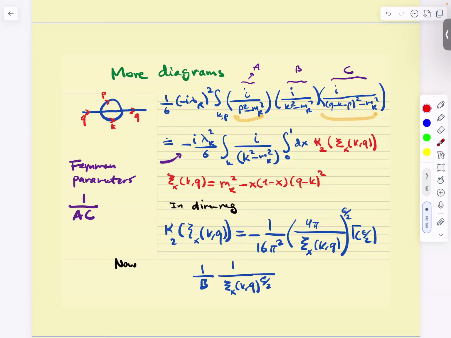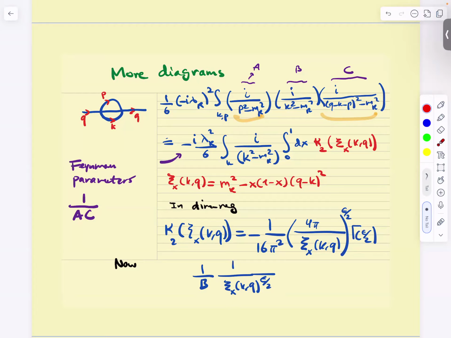Good. So first, what we're going to do is the following. We have two integrals now, right? K and P. Let's first focus on the integral over P. The P-dependent terms are A and C. What was our first thing we would do?